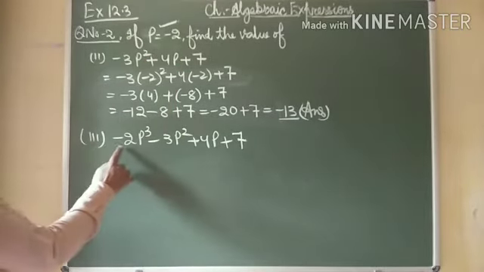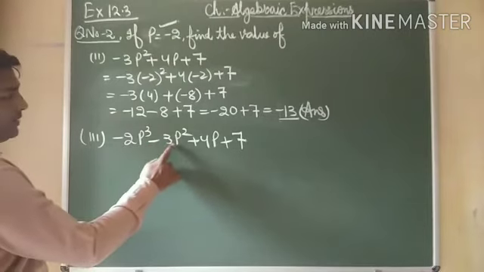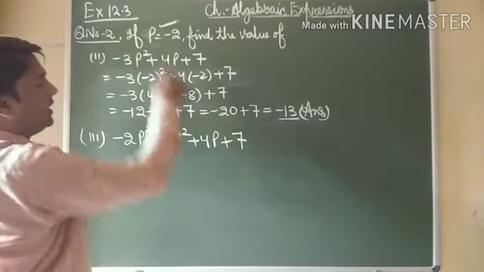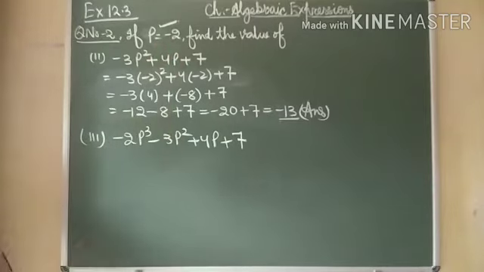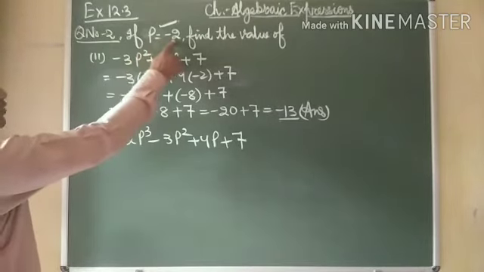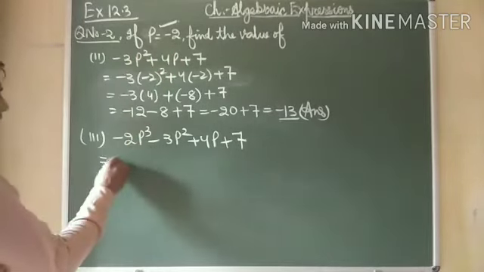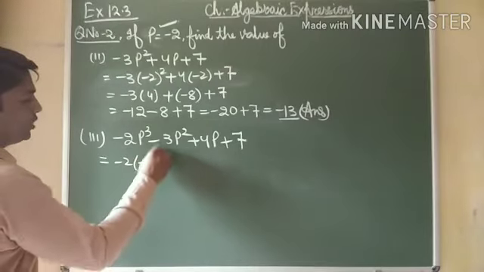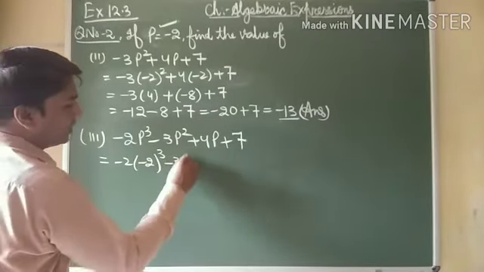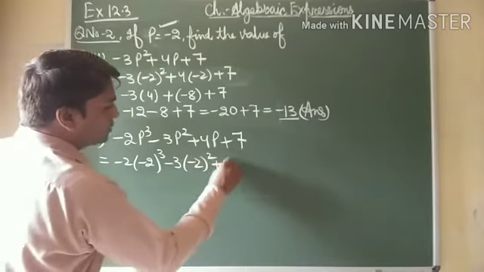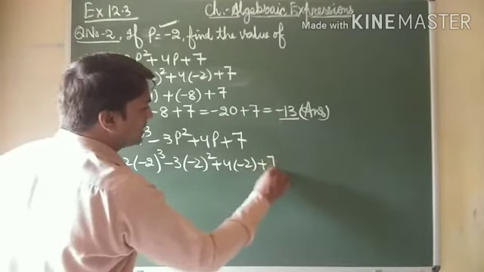We have to find the value of minus 2p cube minus 3p square plus 4p plus 7 at p is equal to minus 2. Now again putting the value of p is equal to minus 2 here, we get minus 2 into minus 2 cube minus 3 into minus 2 square plus 4 into minus 2 plus 7.